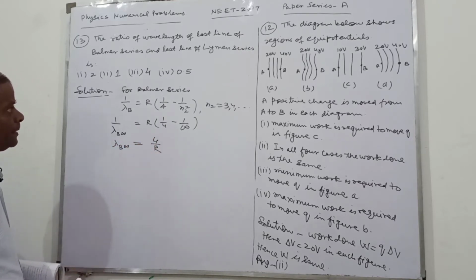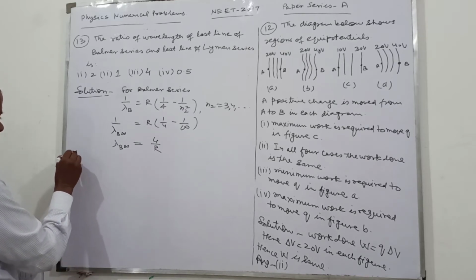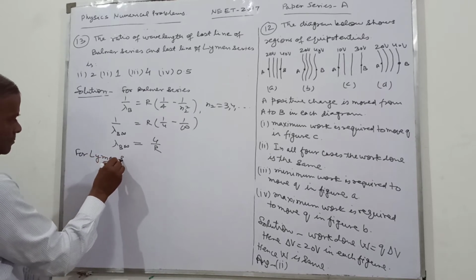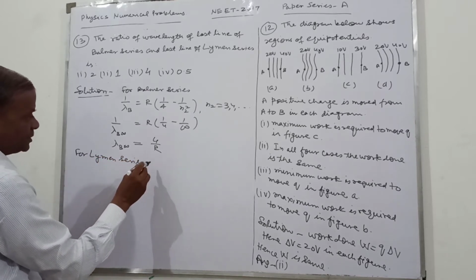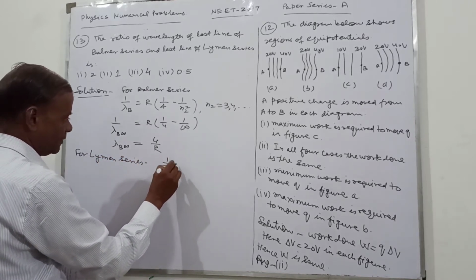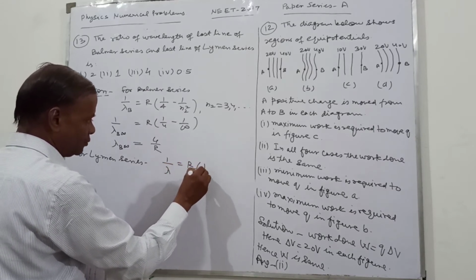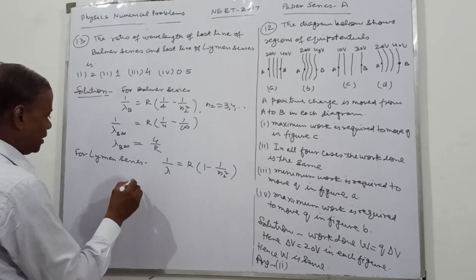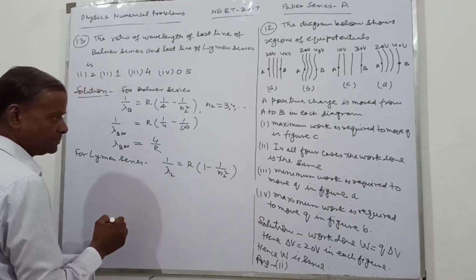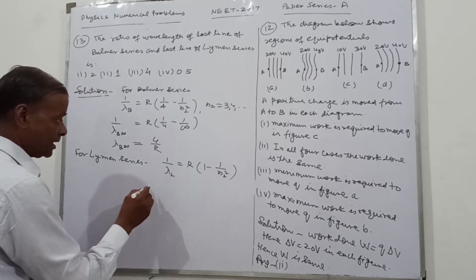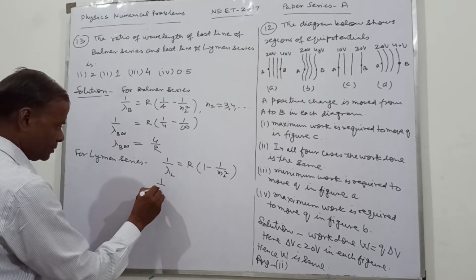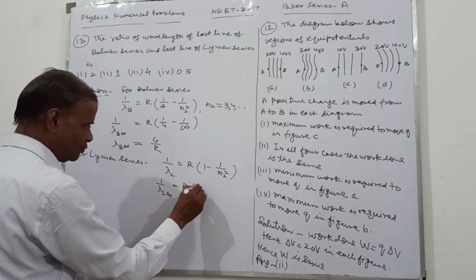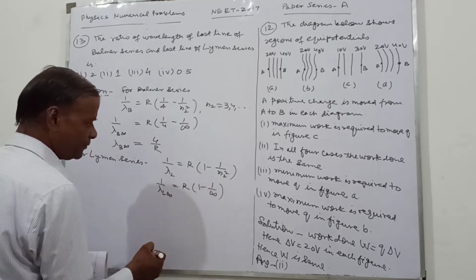Now for Lyman series, 1 upon lambda is equal to R into 1 minus 1 upon n2 square. Lyman series, this is now suppose L. So now we have the last line, 1 upon lambda L infinity is R into 1 minus 1 upon infinity.